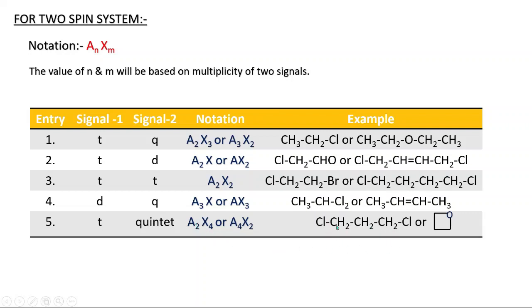So these 4 hydrogens will give a triplet. So 4 hydrogens triplet and 2 hydrogens quintet, we will get 2 signals, that's why it is an AX system. And for this 4 hydrogen and 2 hydrogen, it is similar to this, you can see 2 hydrogen quintet and 4 hydrogen triplet.